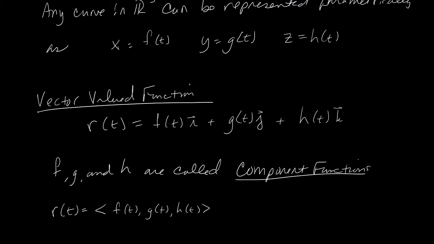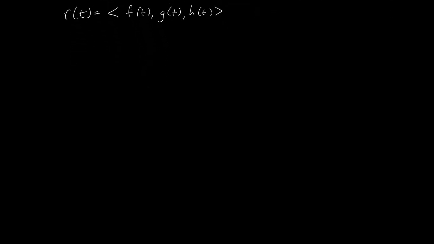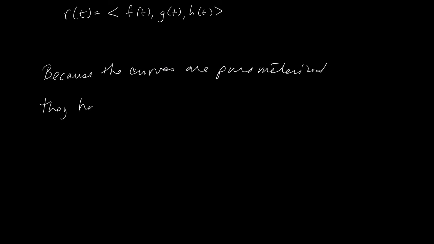Now, because the curves are parameterized, they have an orientation. They have a direction. And you might even think of it as having speed, because different curves can move around at different speeds.